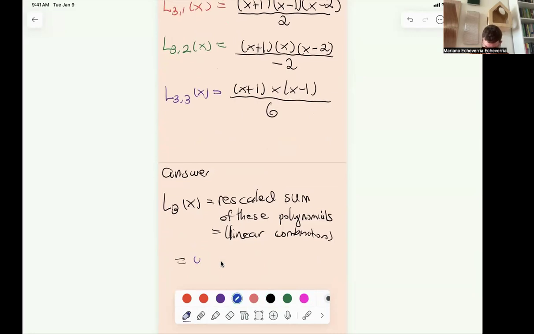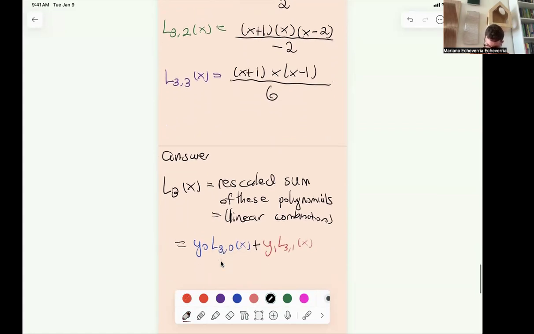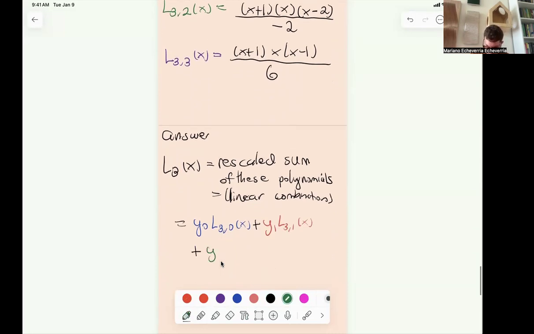It's y0 times L30x plus y1 times L31x plus, you know, y2 times L32x plus y3 times L33x. Because again, each polynomial is value one where it gets activated.